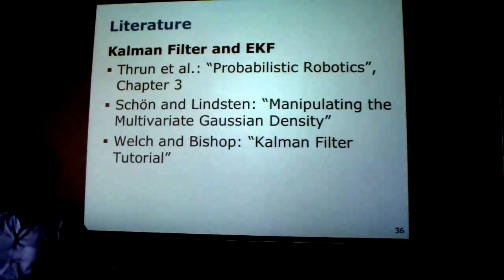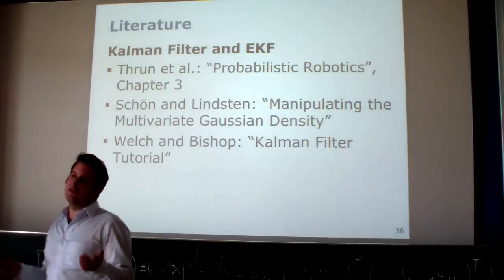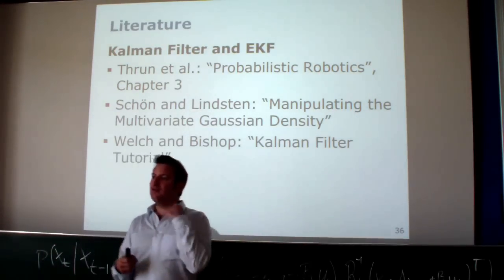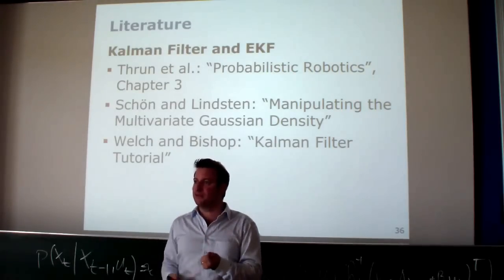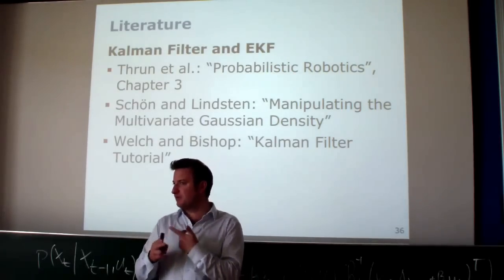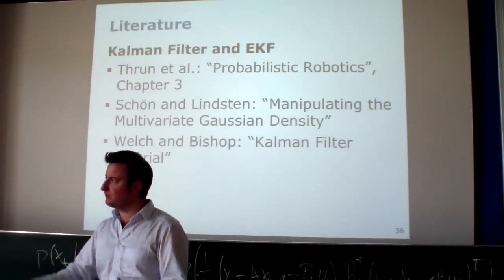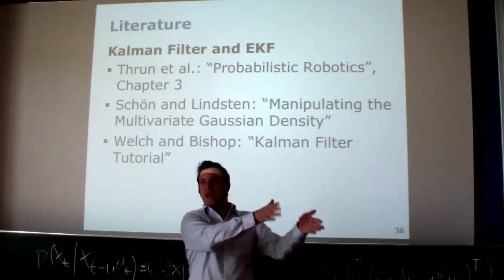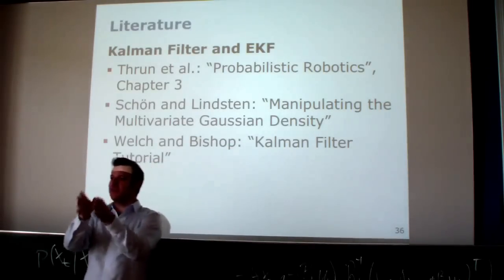Yeah, one question just for clarification. This x_t vector, this state vector, is the state still just position and orientation? So it depends. So far I said it's the general framework for state estimation, whatever you want to estimate. If you just want to localize a vehicle, that means you know the position of the landmarks in the environment, for example, then it would be just x, y, and theta. If you want to do the SLAM problem, where you also want to estimate, for example, the location of the landmarks, your state vector increases dramatically because it's x, y, theta, the position of landmark 1, the position of landmark 2, the position of landmark 3, and so on.